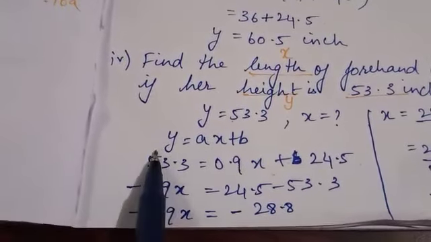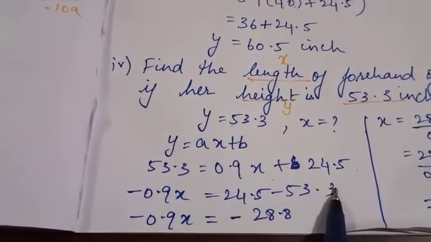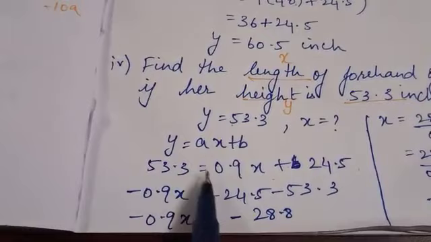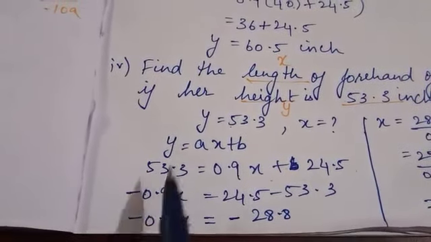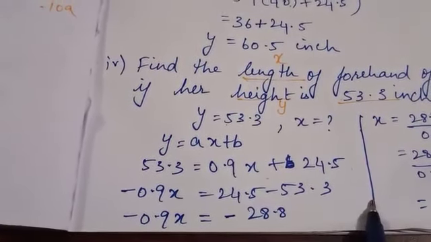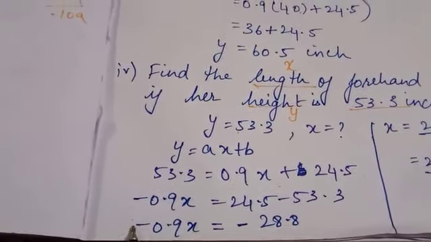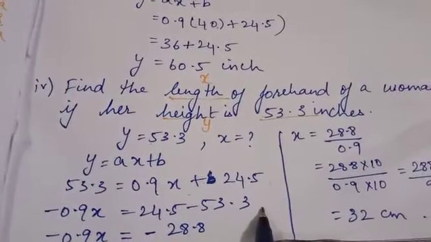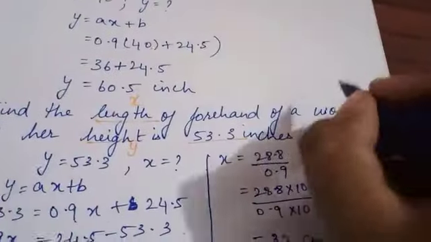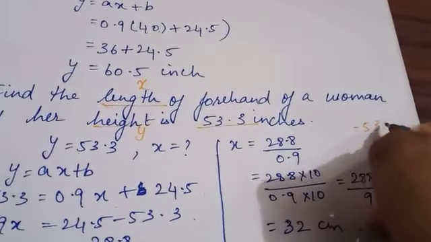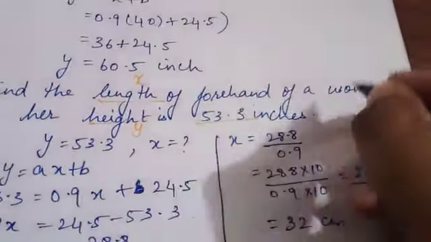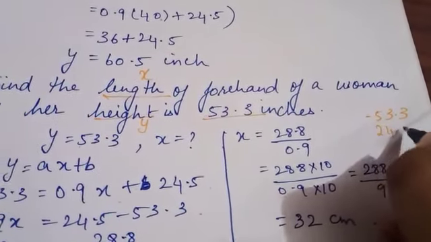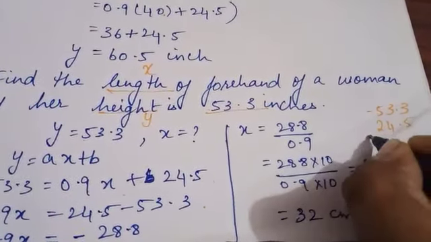24.5. So I'm bringing this 53.3 to the right hand side. So plus 53.3 becomes minus 53.3. So minus 0.9x is equal to, if we subtract this, what is the first number here? Greater number here is minus 53.3. The next number is plus 24.5.